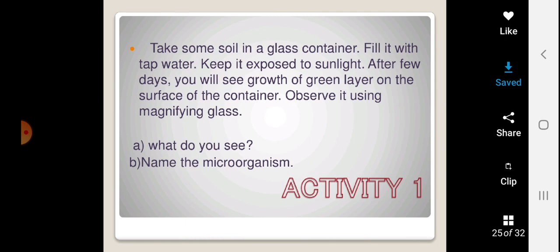So, it could be algae or something else. Let's check it out. Even it could be fungus. You remember we have discussed bread molds and bread fungus. They were green patches or grey patches. So, while doing this activity, you might observe either a fungus or some patch of algae.